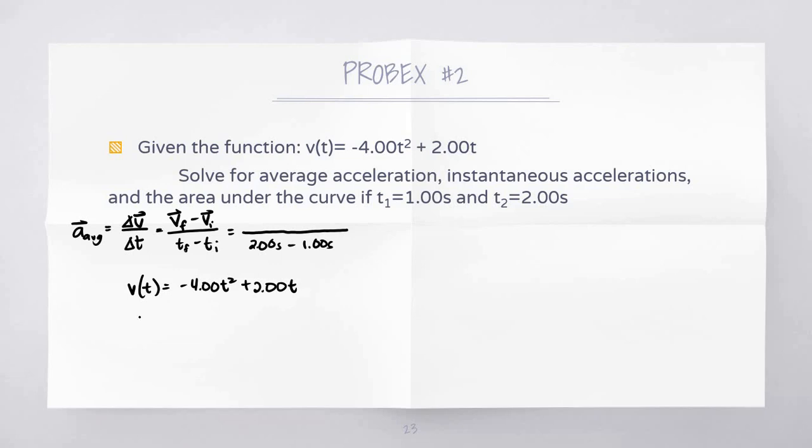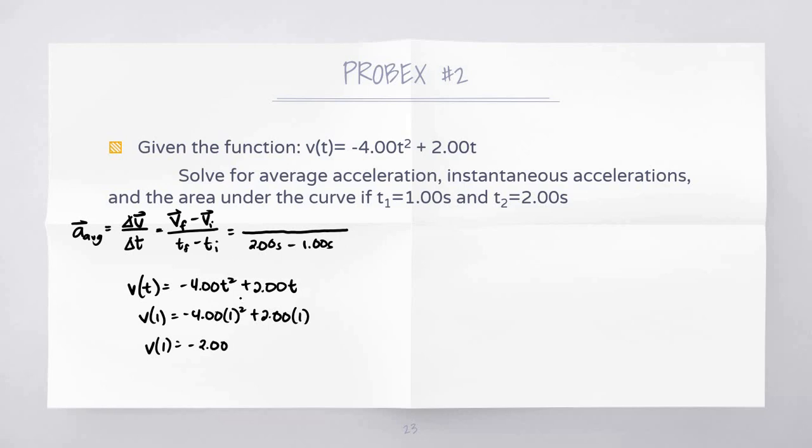So let's try to solve v of 1 first. This becomes negative 4 times 1 squared plus 2 times 1. So 1 squared is just 1. Negative 4 times 1 is negative 4 plus 2 times 1. So negative 4 plus 2 gives us v of 1 is equal to negative 2.